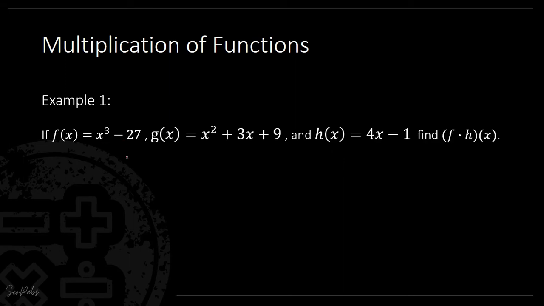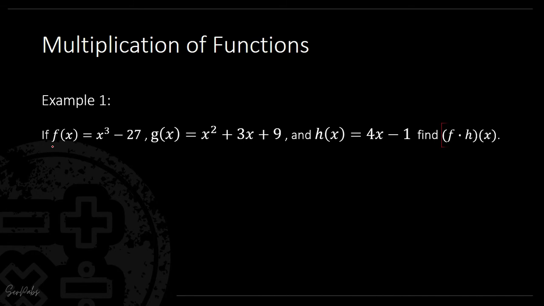So example number 1. If f of x is equal to x to the third power minus 27, g of x is equal to x squared plus 3x plus 9, and h of x is equal to 4x minus 1.